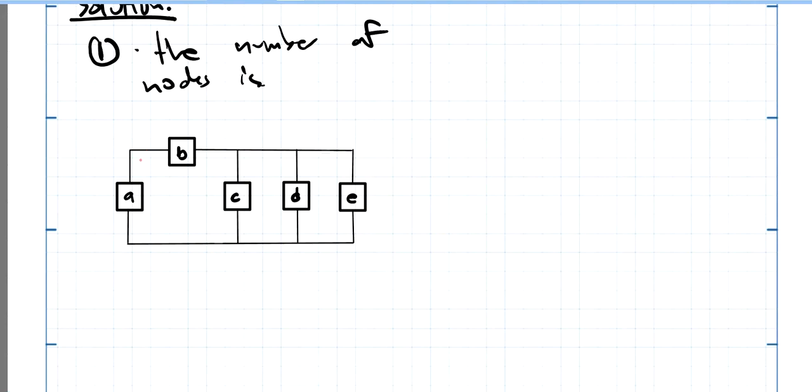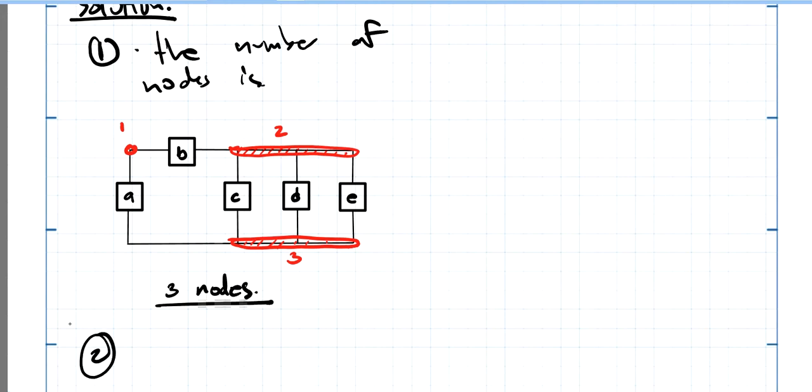Right, so here's our node. We know that this is a node, this is a connection, and this is also a connection. So we have 1, 2, and 3. We have 3 nodes.